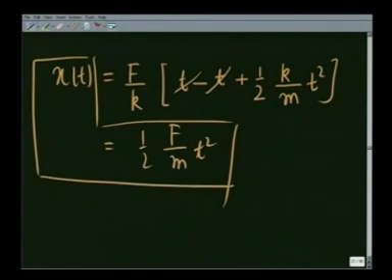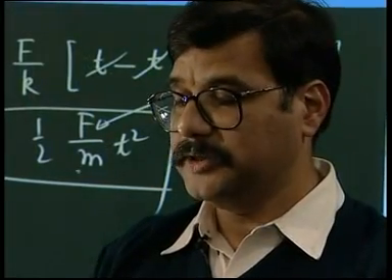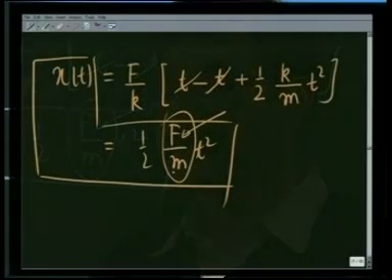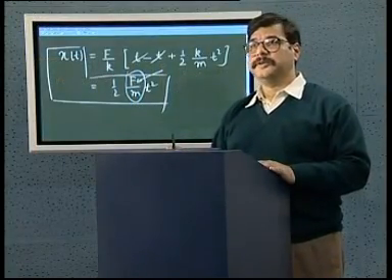That is, I am taking a particle and applying a constant force F. Its acceleration is F over m, and then it moves distance 1 half F over m t square in time t. Let us try to plot this and see how it goes.